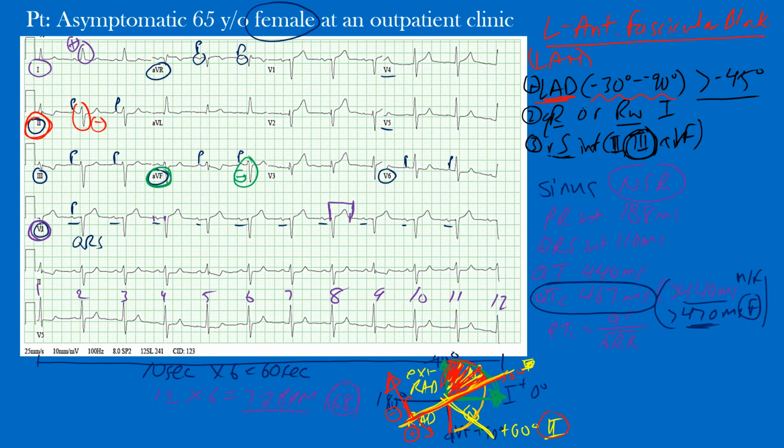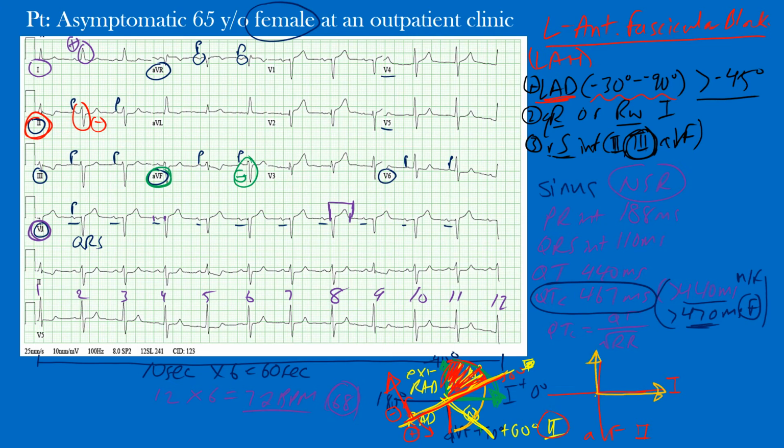So again, let's just review that. If we draw our quadrant system, this is lead 1, lead aVF, and then we have lead 2 down here. That's the positive end of each one. We said that lead 1 was positive. We said that lead aVF was negative.